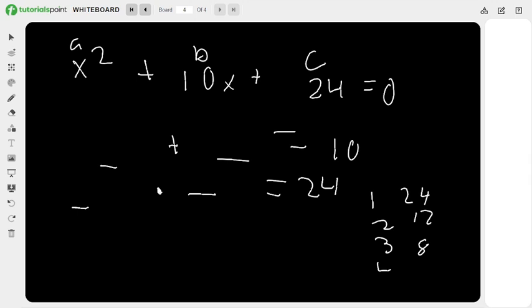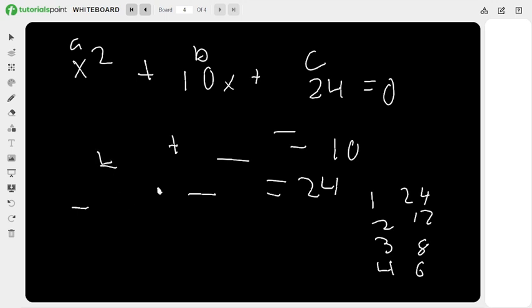And those are the only integers, right? So let's add these up. What's 1 plus 24? 25. 2 plus 12? 14. 3 plus 8? 11. So we're getting closer. 4 plus 6? That's 10. So our two lucky numbers here are going to be 4 and 6.